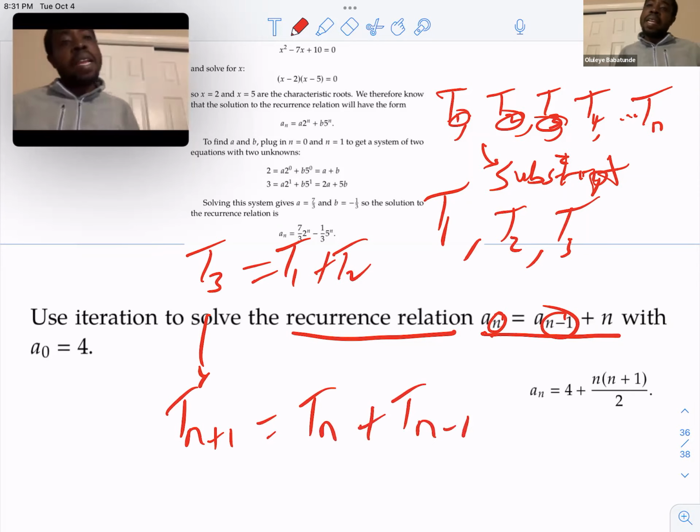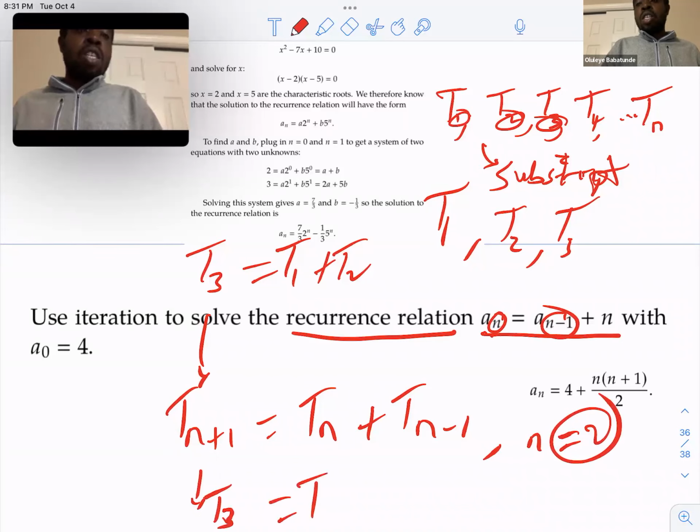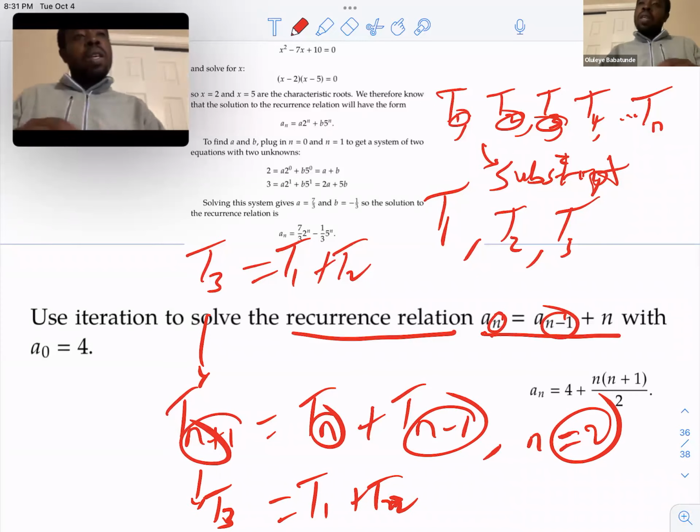If your n is 2, you have T3 here, equals T1 plus T2. So all these are just notation.